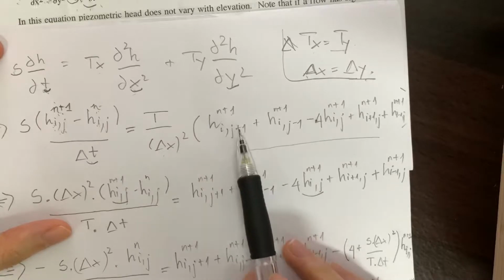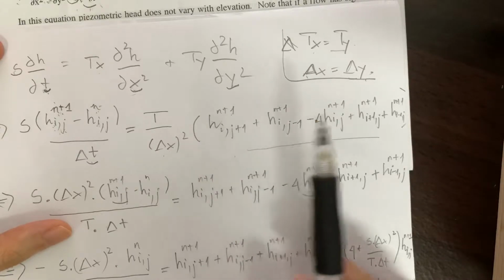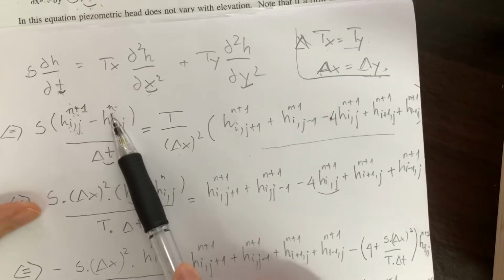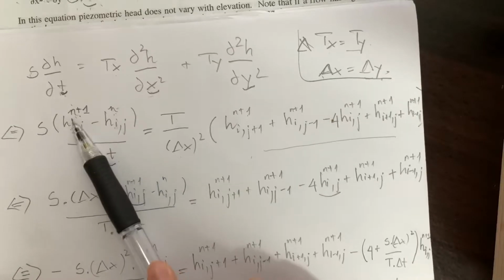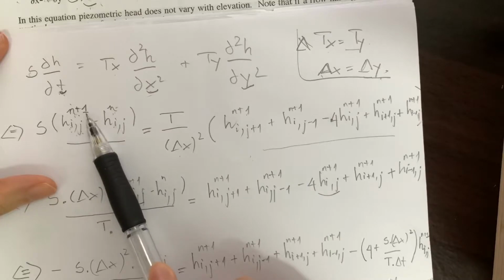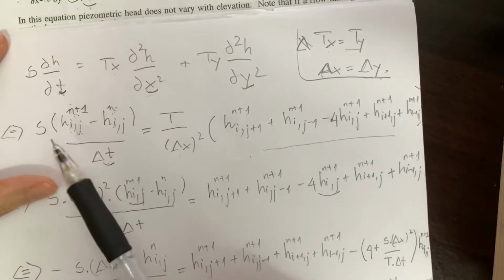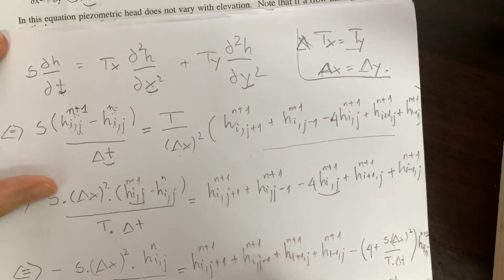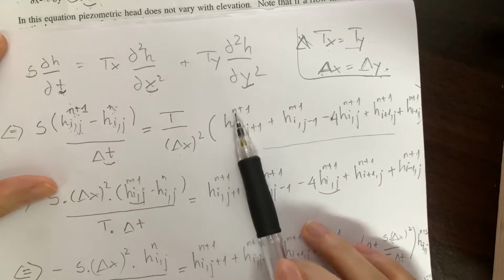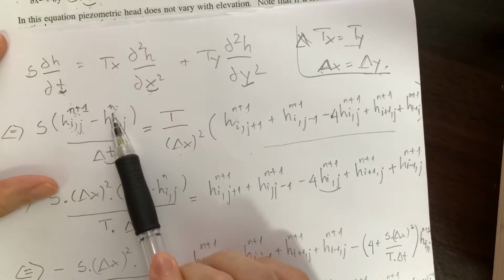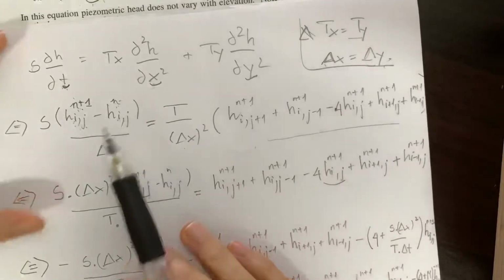In the transient flow, in the beginning you have the value of S i,j at position n, and S i,j at position n plus 1 will be the future value you will have. So just think of S at n plus 1 as the future point of S at n.